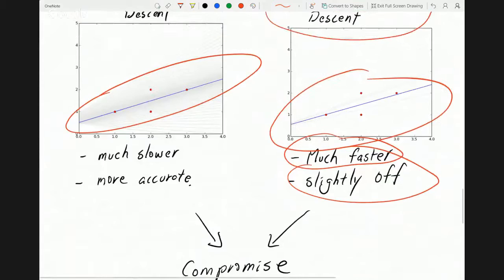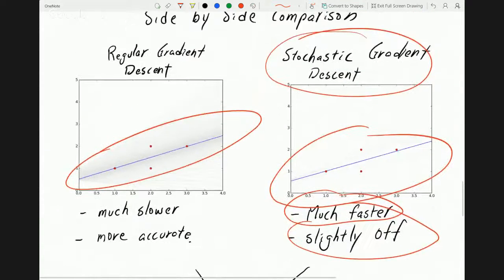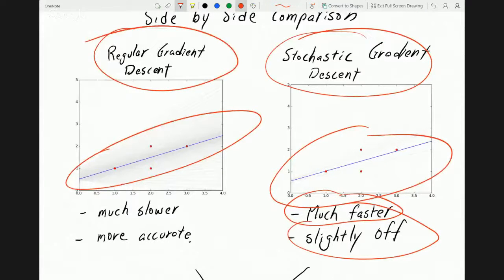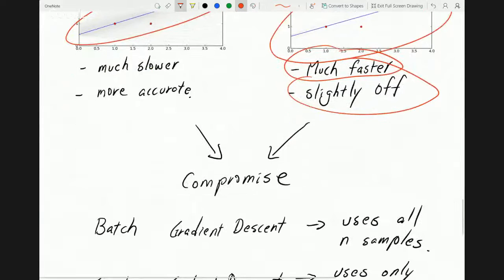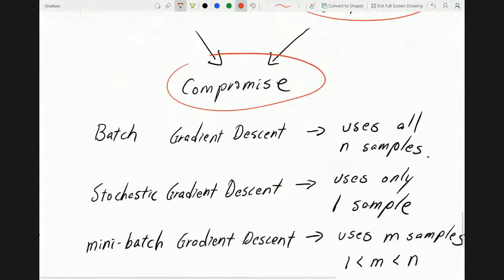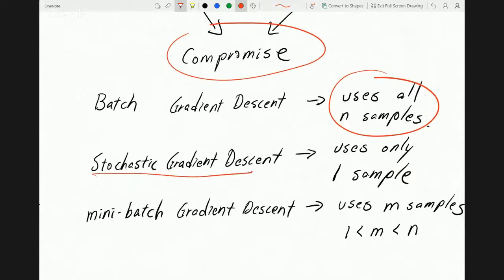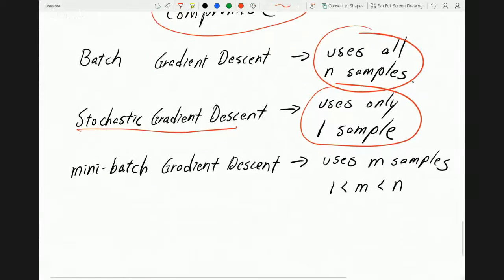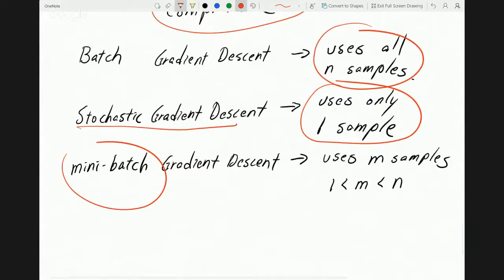So, of course, people came up with a compromise. This is the regular gradient descent, also called batch gradient descent, and this is the stochastic gradient descent. Batch gradient descent uses all the samples. Stochastic gradient descent uses only one sample. So why don't we use something in between, called mini batch gradient descent?